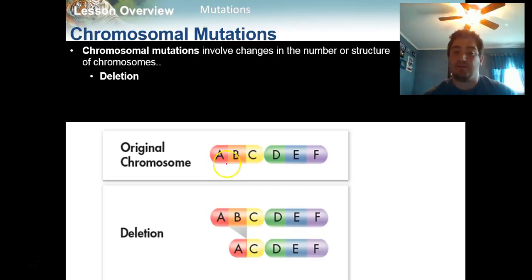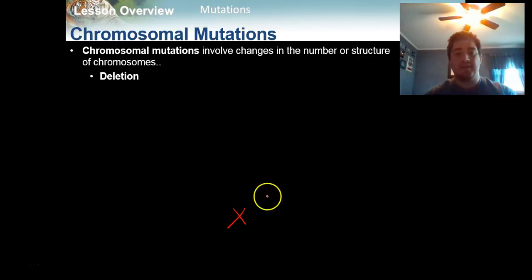We see here the original chromosome, A, B, C, D, E, F, right? Let's say we deleted section B. So the new chromosome with a deletion looks like A, C, D, E, F, right? We just deleted a whole chunk of genes in here, which is not good sometimes, depending on if it codes for specific necessary proteins, okay?